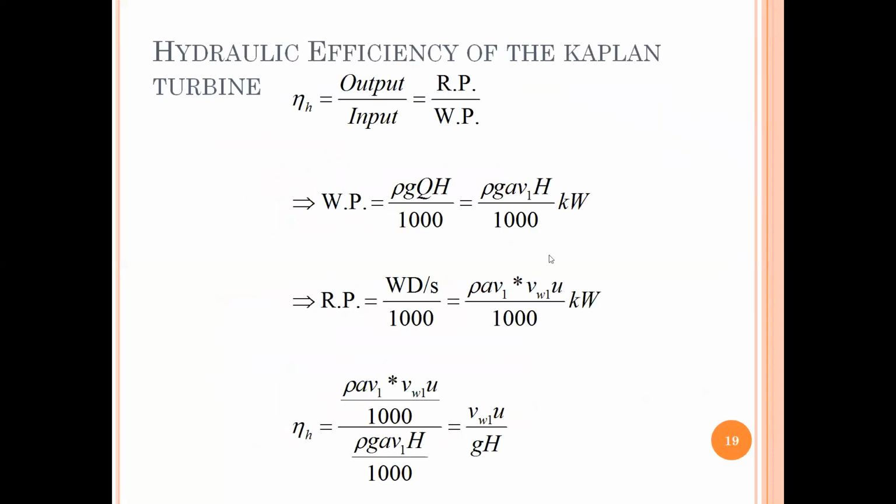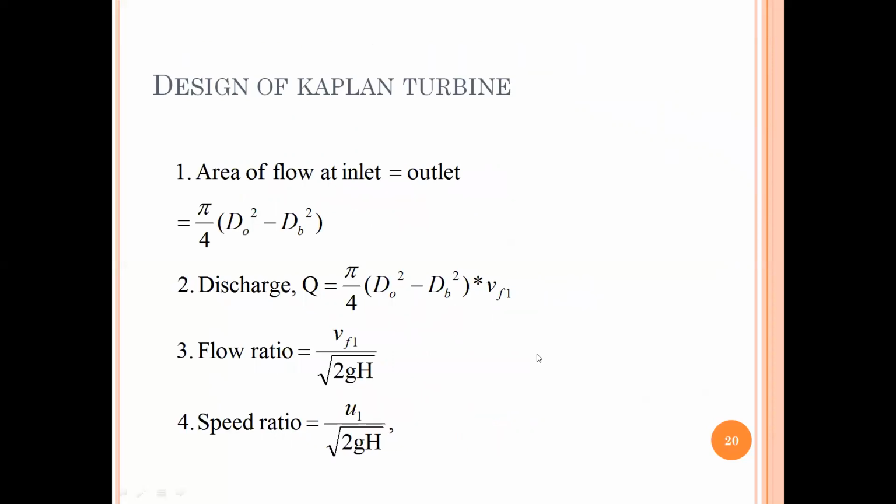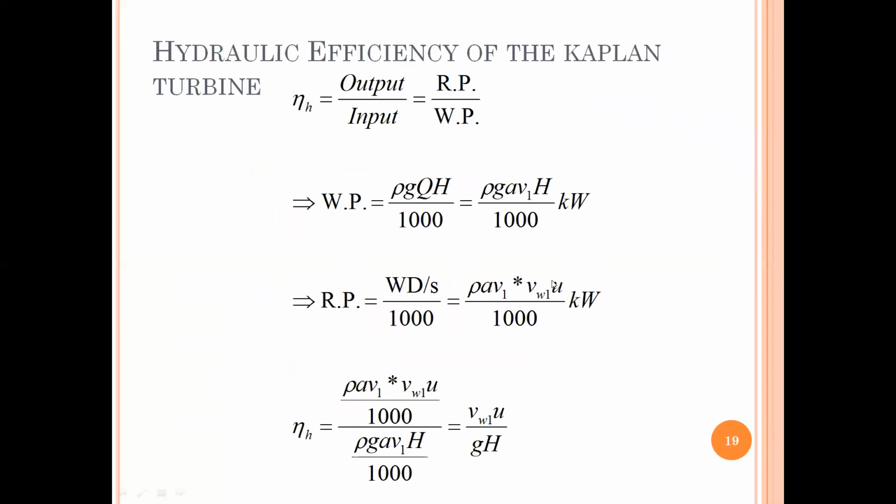Now coming to the hydraulic efficiency, again, it's the same as your Francis turbine, not a difference. The only difference here, as I told you, is U, not U1, because both inlet and outlet have the same value. So here hydraulic efficiency, again we are talking in terms of power only.